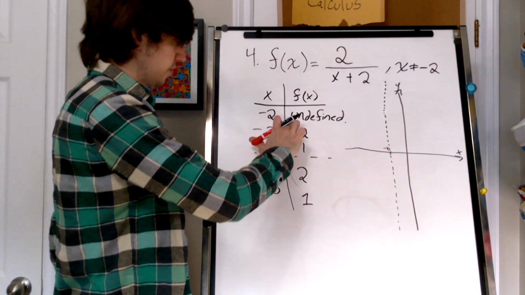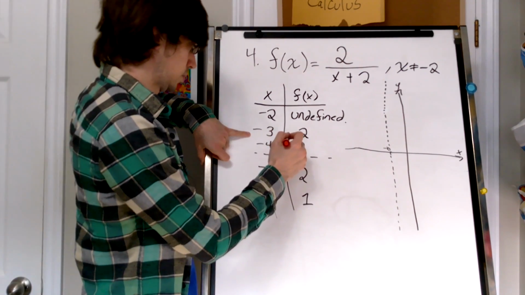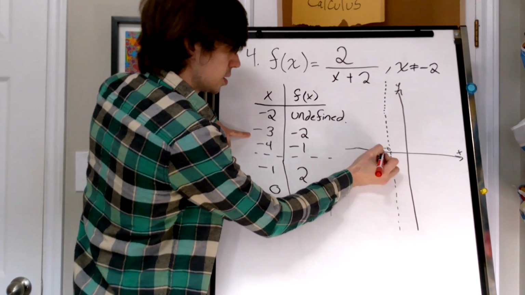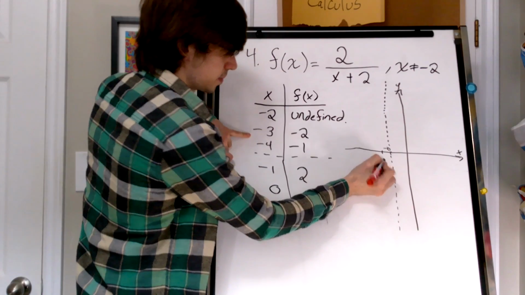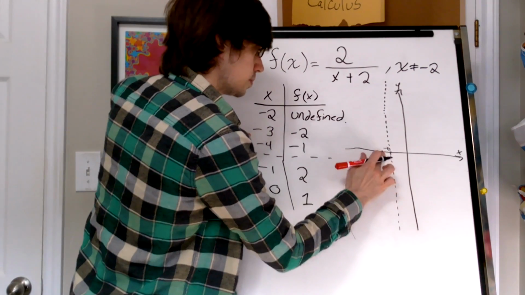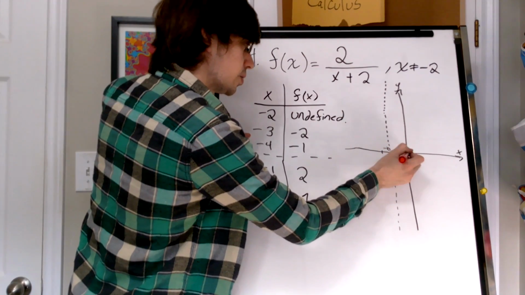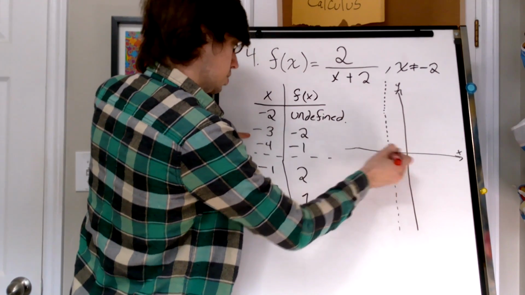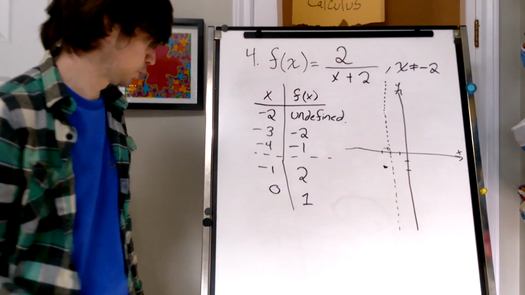That's what it means to be undefined. So at -3, we were at -2. So we're down here somewhere. So that's -2, that's 1, then that's 1. That's 2, then here. Put it there.